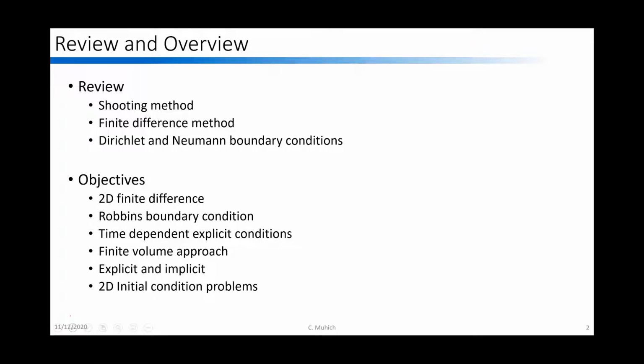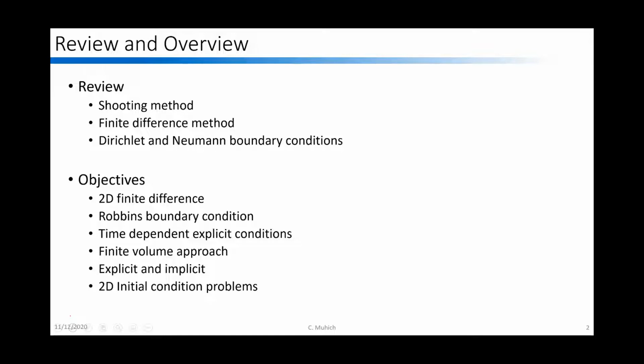Today, what we're going to start covering are partial differential equations. We're going to evaluate finite difference methods for two-dimensional systems. In addition to our Dirichlet and Neumann boundary conditions, we're going to introduce Robin's boundary conditions.